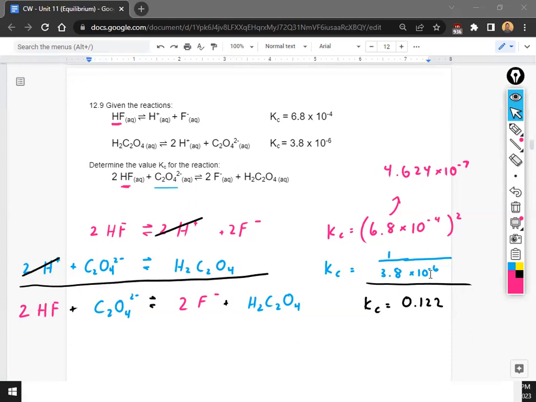Basically, you can divide it by 3.8 times 10 to the negative 6. So for this one right here, if you don't have the square function, you're going to have to do this times this. And that's going to give you 4.6 times 10 to the negative 7.